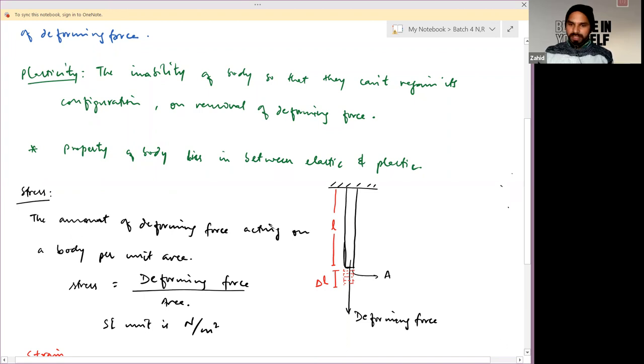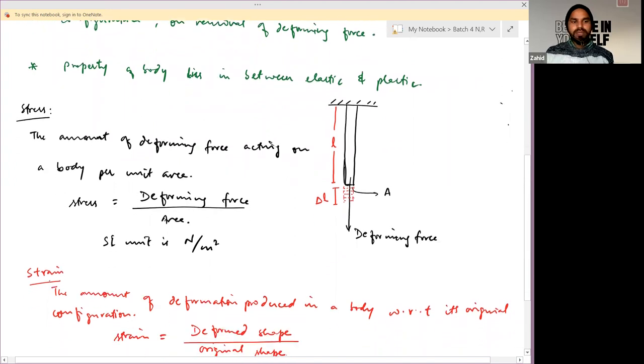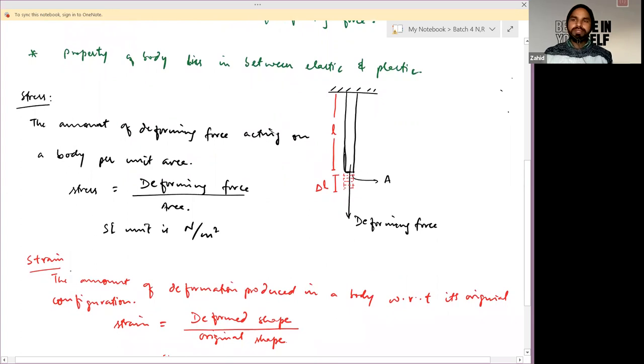Due to this deforming force, the object would be slightly elongated by delta L from its original length L. So we can define another term called strain, which is the ratio of the amount of deformation produced in a solid and its original configuration. Here the deformation is delta L and its original configuration is L. So the ratio of these two terms will be termed as strain.